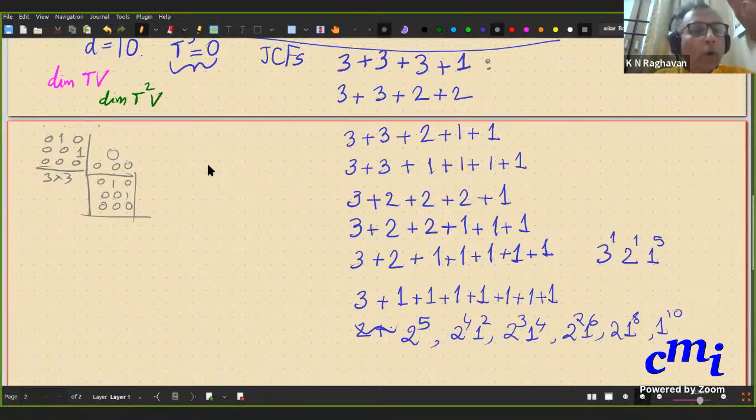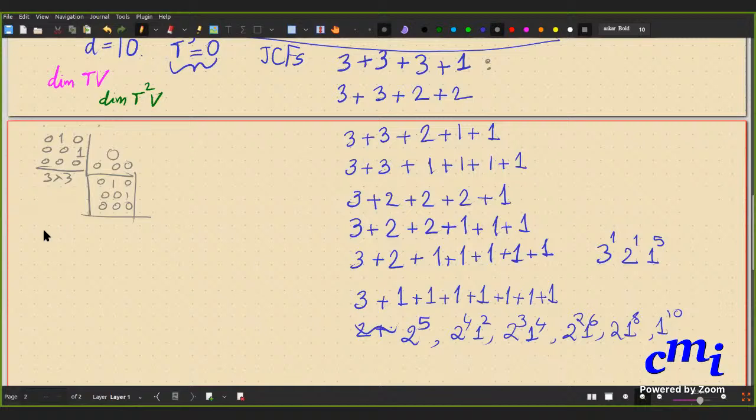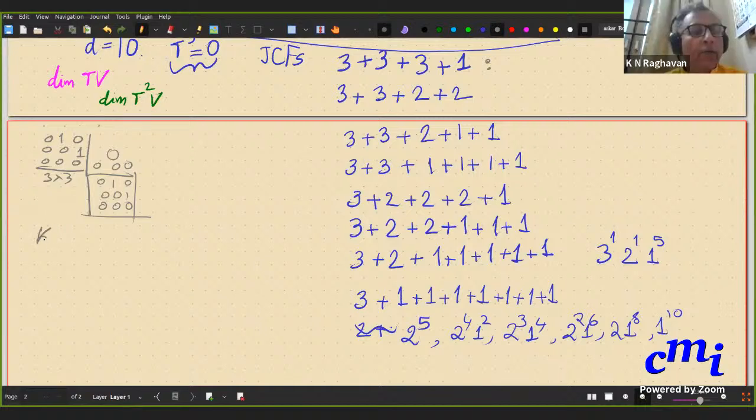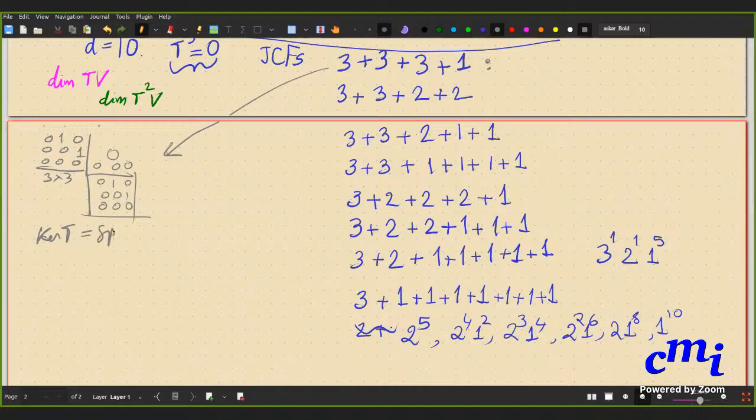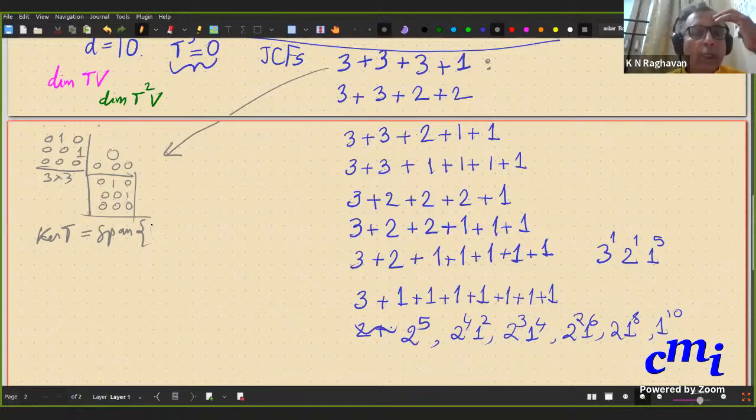So what is the basis for the range? V1, V2. Let's go on. Is V4 in the range? Yes. Okay, so I'm going to write kernel of T is spanned by, so all in this case, the span of V1, V4, V7, V10. I'm just repeating what you already told me.